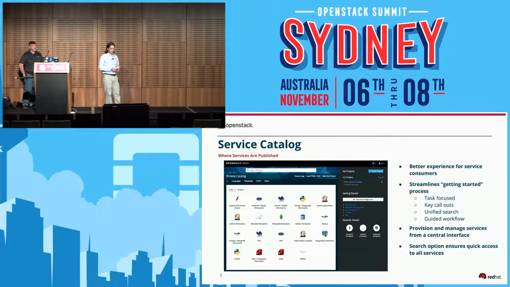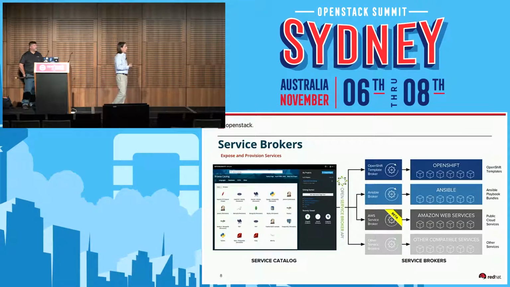And the idea with Service Catalog is that you can have more than one broker behind it. So it's a one-to-many. You have one instance of the Service Catalog, and you can order services from many different brokers. In this case, we're showing the OpenShift template broker, the Ansible broker, second one in the list, and the AWS Service Broker.